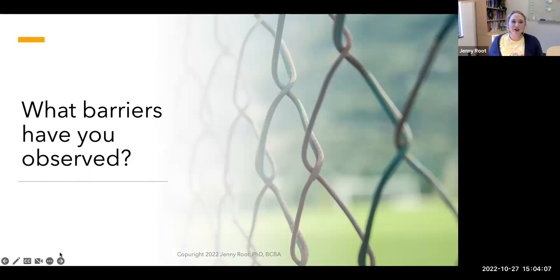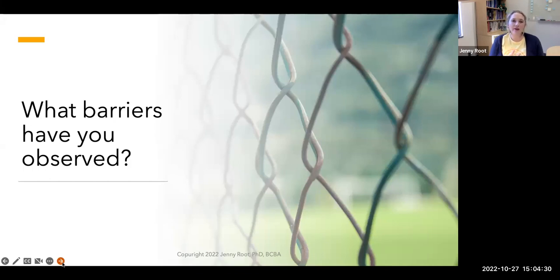So I want to start by thinking about what barriers have you observed for your adult learners with disabilities? So just thinking about the students that you've had in your classroom or you've had in the past who've had difficulties, and whether they have an identified disability or if you weren't aware of what their disability was.